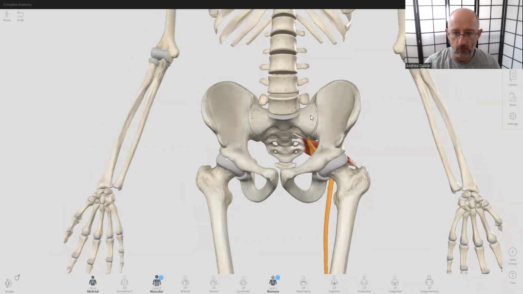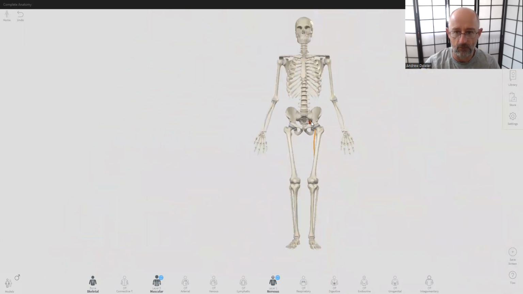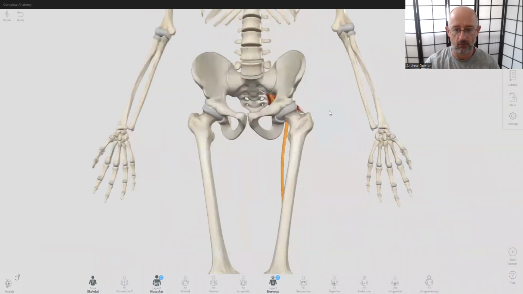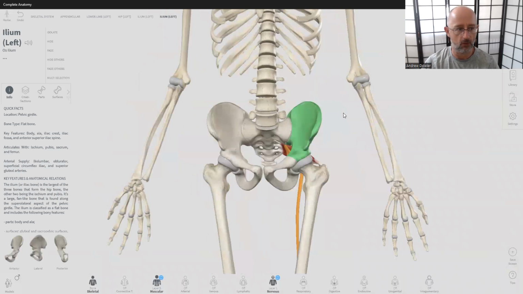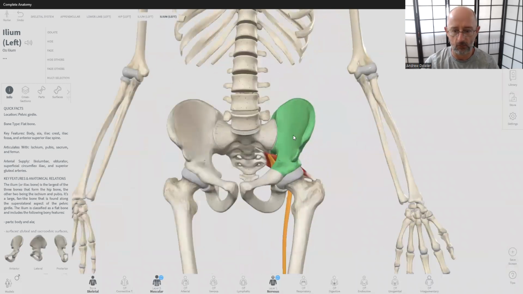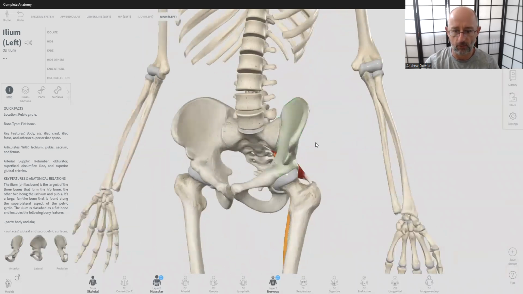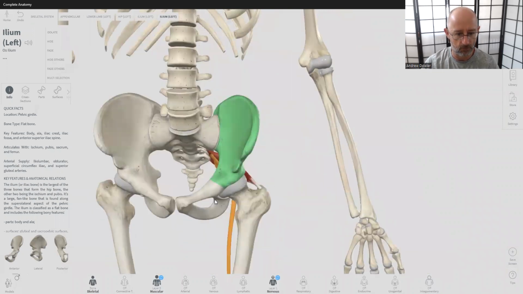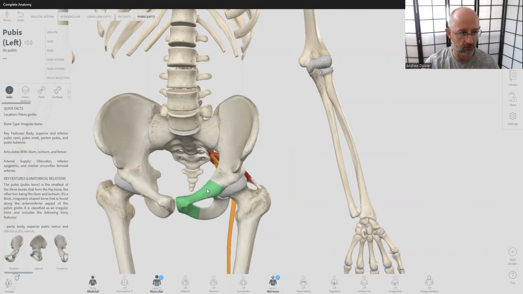So if we zoom out a little bit here, this is the skeleton, and when we zoom in, the pelvis is comprised of three bones. We have the ilium, which is highlighted in green. Then we have the pubic bone, which is this section of the pelvis.